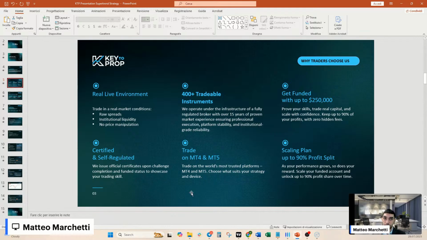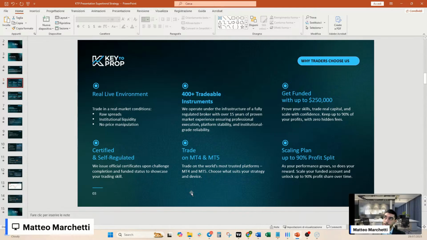Of course, regarding trading platform, we give you the possibility to trade on both MT4 and MT5, so you can trade using, for example, Expert Advisors, scripts, or also indicators you create, and so on.